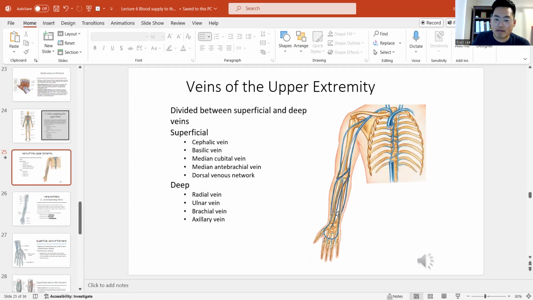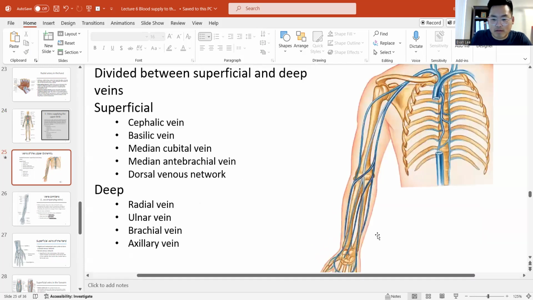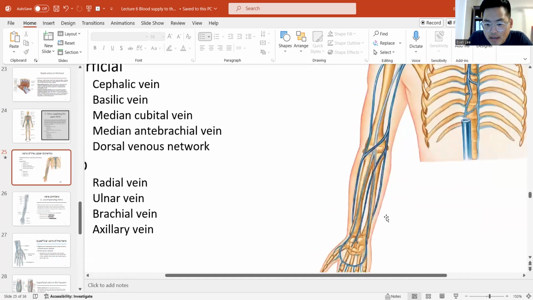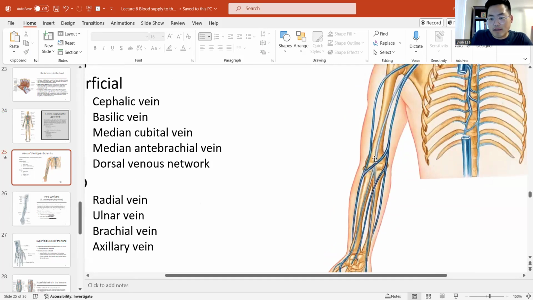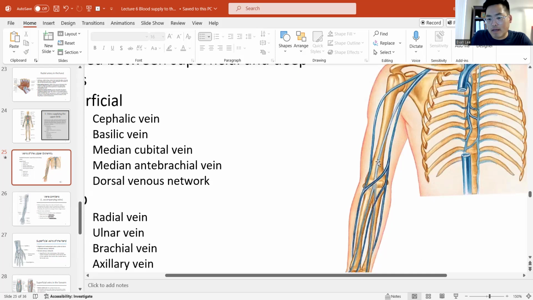These are where you have radial and ulnar veins. If you follow the radial and ulnar veins, these light colored ones back here, they will go up and join together. When they join together, they mimic the artery, where you have the artery of the arm, and in this case, the vein of the arm, which is called the brachial vein.